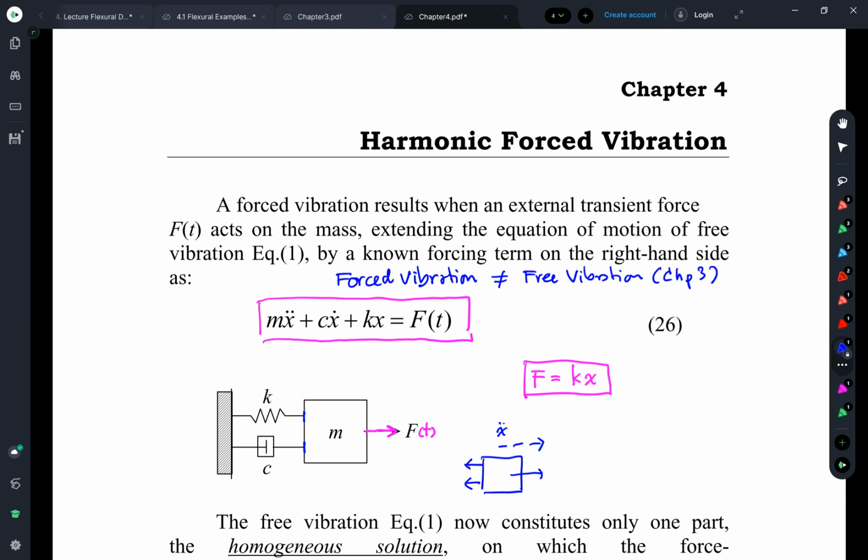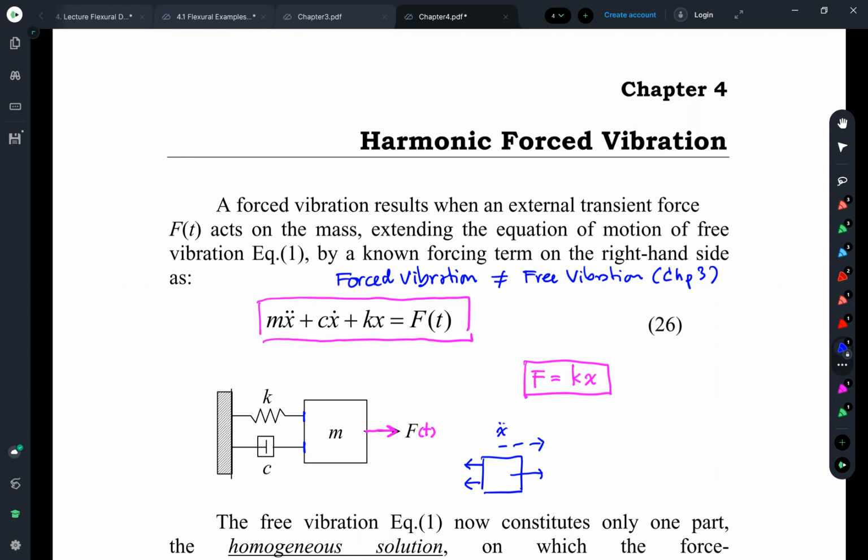It depends on the type or the shape of the function F of t, whether the function F of t is a complicated function or an easy mathematical function.